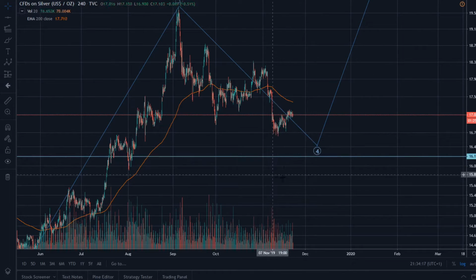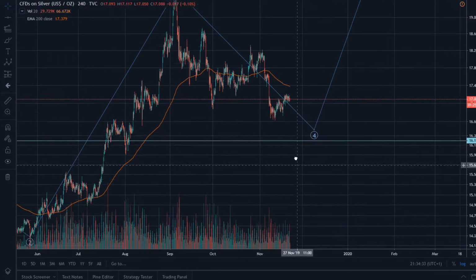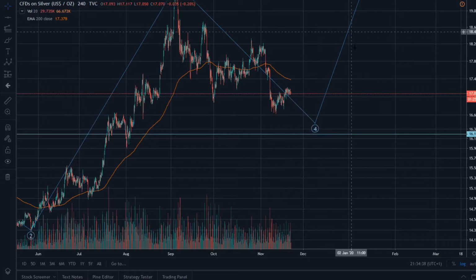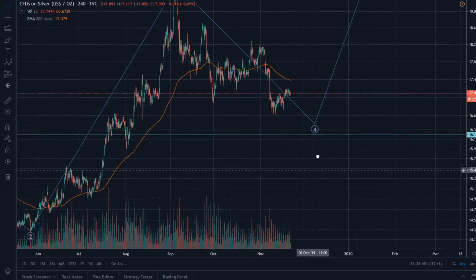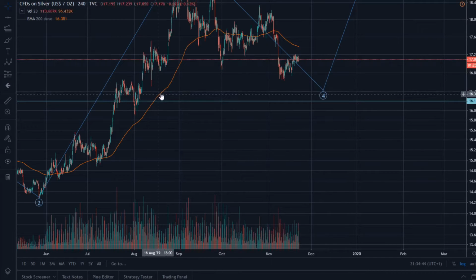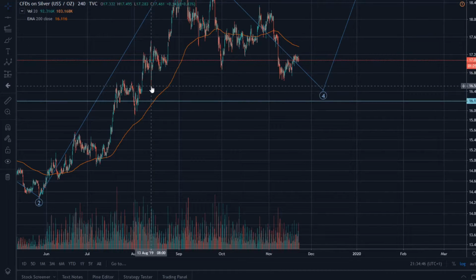I'm definitely having my eyes out for this, and basically waiting for this right now. And hopefully it doesn't take until mid of December, but it could be around the 12th or 10th of December, as there are a couple of important meetings again, and important dates for news, and maybe they spark this upwards movement, who knows. And this is a very sensible target, especially considering here's the low of the previous wave 4.